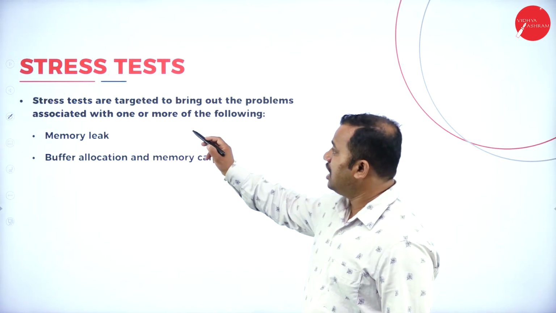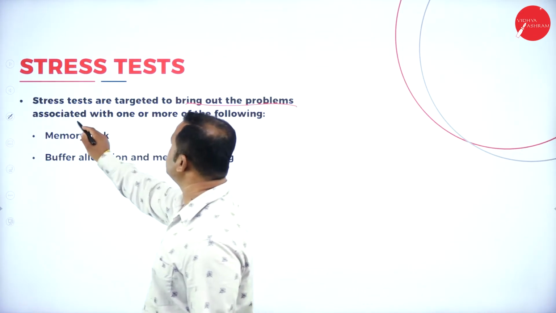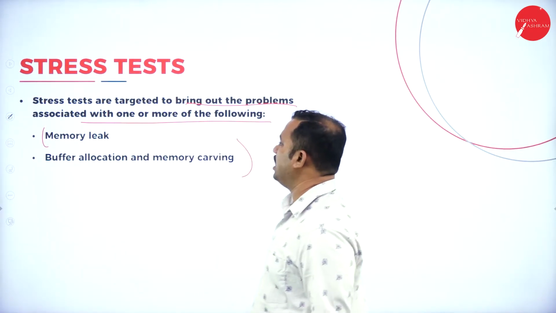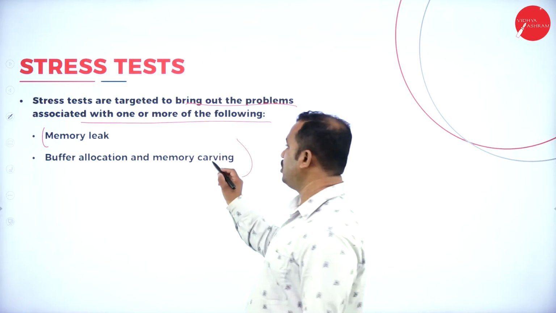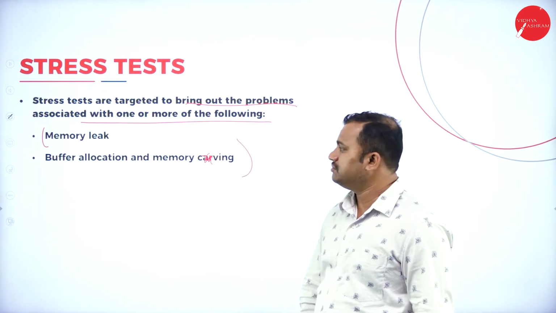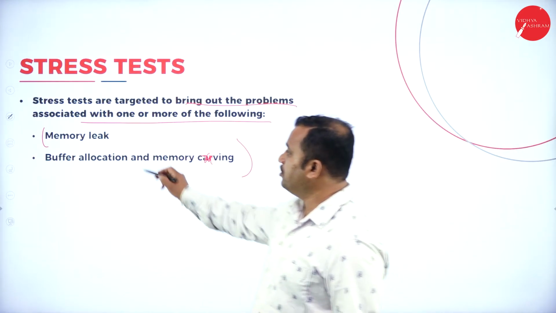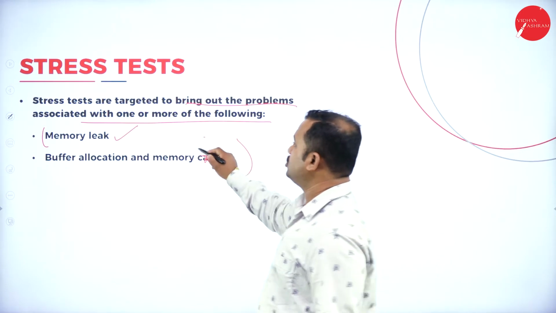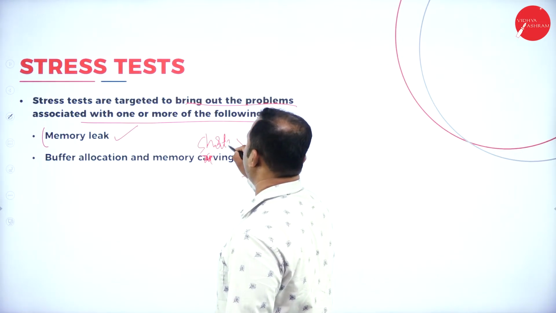These tests are targeted to bring out the problems associated with one or more of these: memory leak, buffer allocation and memory craving. It is not carving, it is craving. What is the meaning of craving? Memory leak means overflow of data. Craving means shortage of memory.